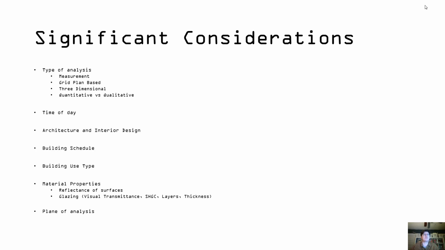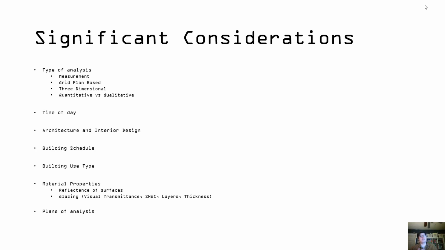There's definitely this prescriptive, this is hitting this illuminance value at this point in time, but what does that really feel like to the human eye and the human experience? Other considerations is time of day that we're conducting the analysis. I mean, different times of day are going to have obviously radically different daylighting results because the sun moves.